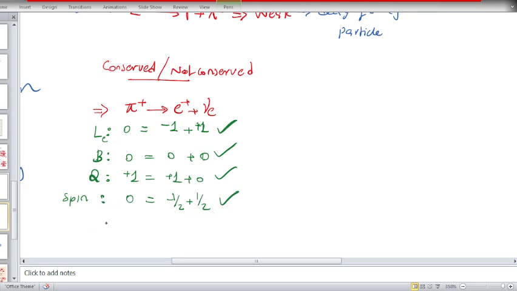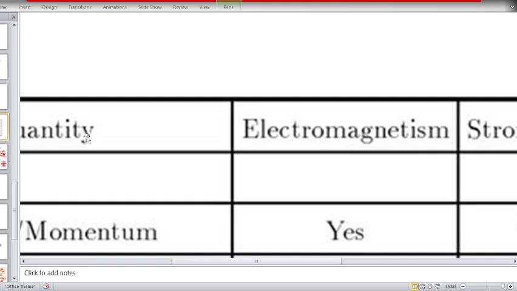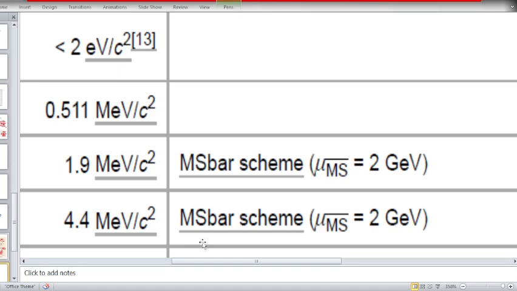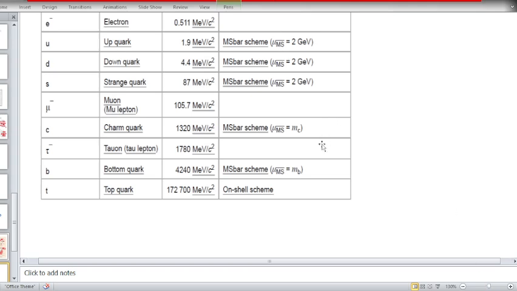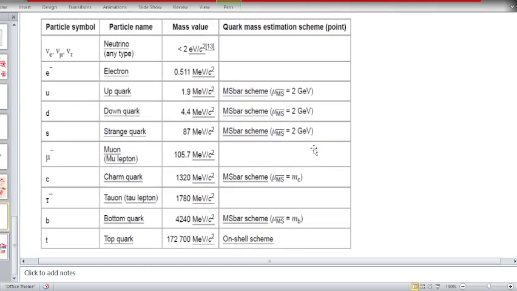Similarly, you can consider energy also. For energy, you have to consider the mass of individual particles. Let me check the table. You can just take a screenshot. These are some of the examples for the masses corresponding to each particle. I think pi minus is not there.